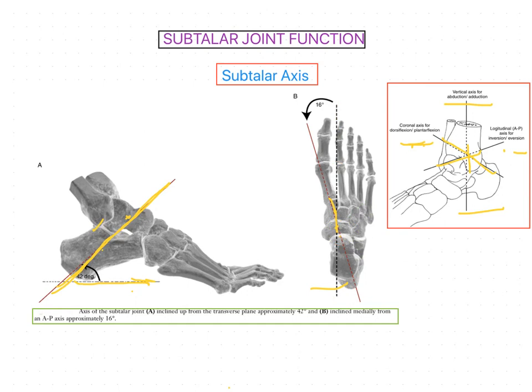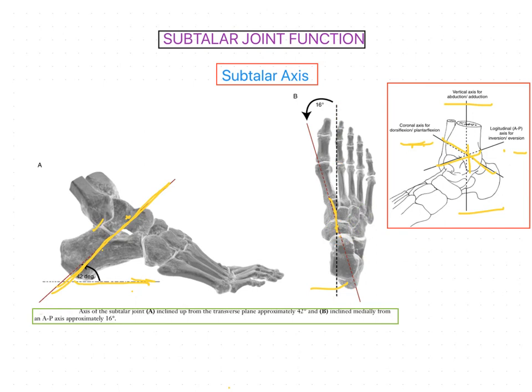That means, if eversion takes place 1 degree and inversion also takes place 1 degree, that would be an equal point. But the subtalar neutral position means the calcaneum will invert twice.